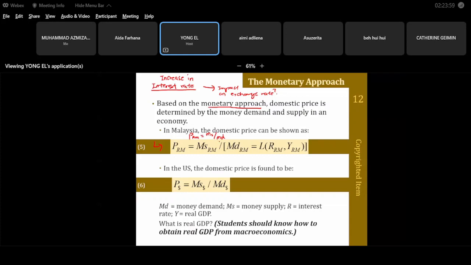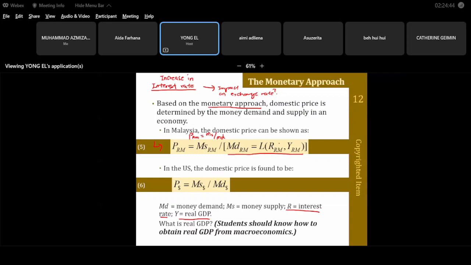But money demand is determined by the population, by you and me. What are the determinants of money demand? If you look at this side here, money demand is a function of R and Y. If you look at the indication below, R is the interest rate and Y is real GDP. These are the two determinants of money demand in the economy.